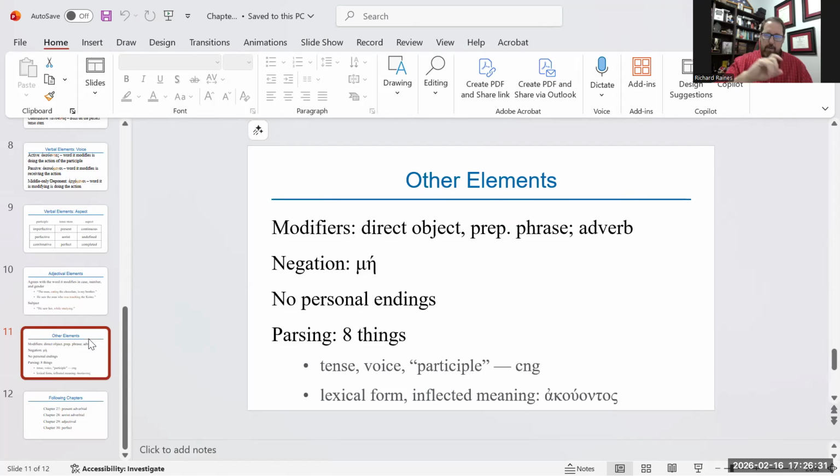That makes it really easy for me to grade stuff. I'm not trying to go through making sure you've got everything right because it's in some weird order. Just make sure that you're parsing the verbal elements first and then the adjectival elements.